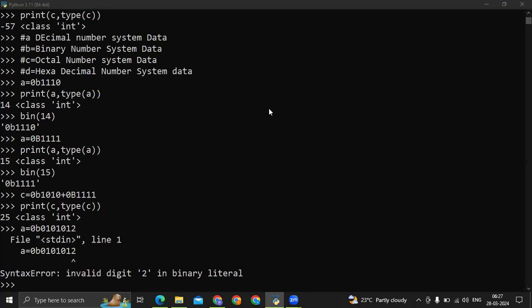Not clear. Why so, dear? Do you want me to make you understand how this is taking place, how it is actually converting into the decimal format? No answer.